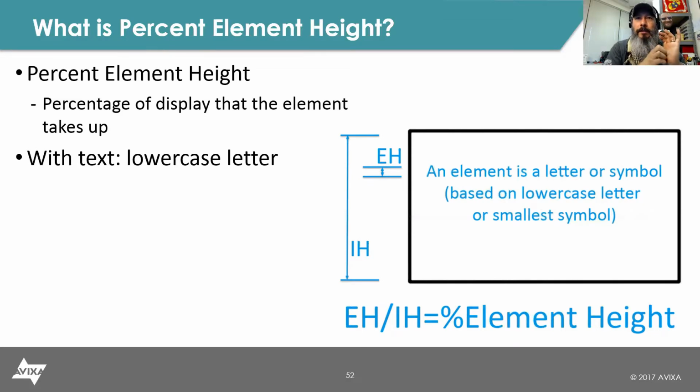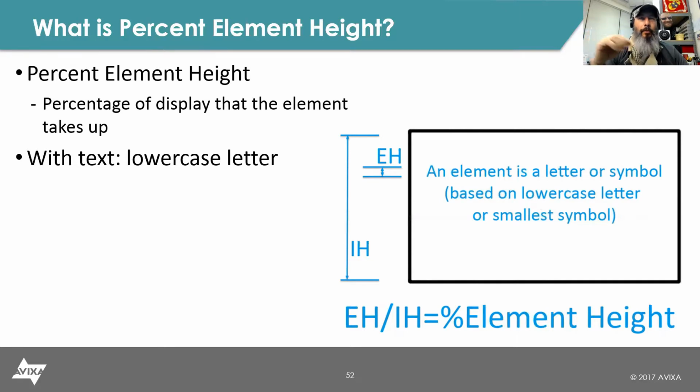So I'm going to make some easy math here. If I had a screen that was 10 inches tall and I measured my lowercase letter at a half inch, that would be a 5% element height. If I had that same 10-inch tall screen and the letter is a quarter inch, that would be 0.25, or a 2.5% element height.